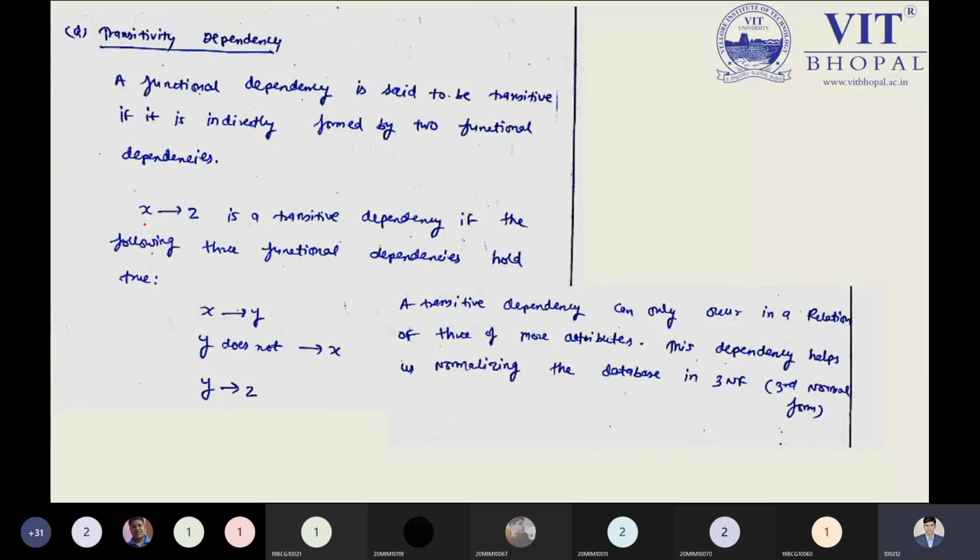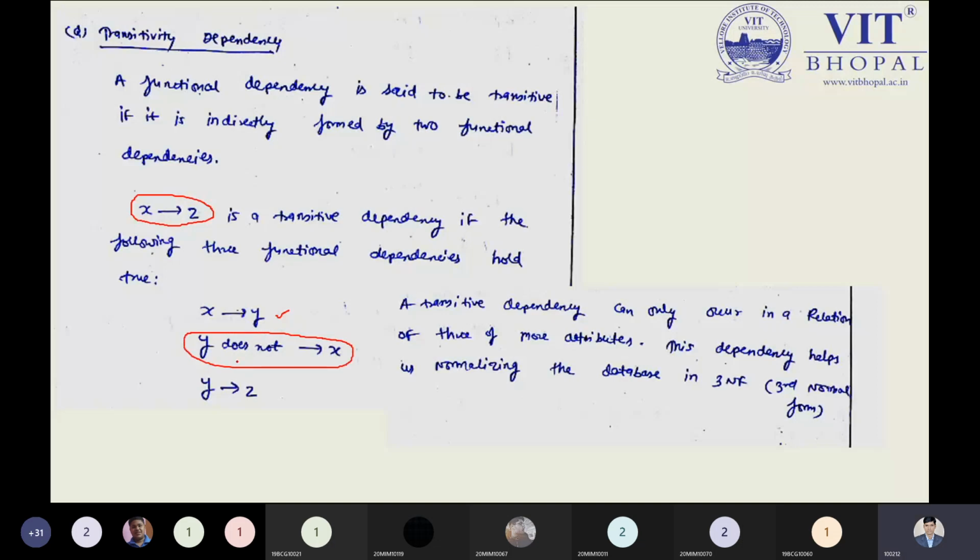So when we have x determinant to z, it is a transitive dependency if the following three dependencies hold. First, x determines y; this is the first functional dependency we have. Next, y does not determine x, so the reverse will not be acceptable.